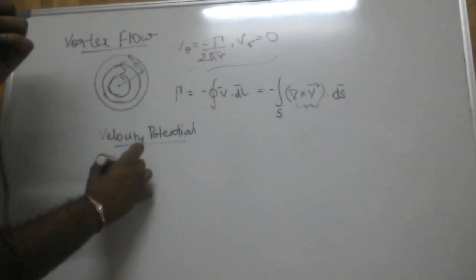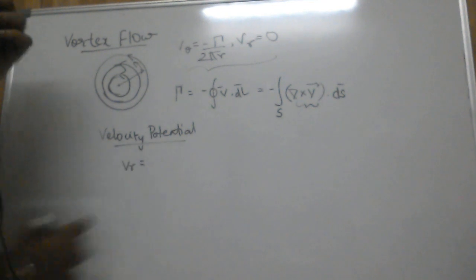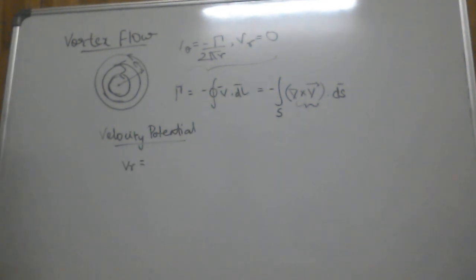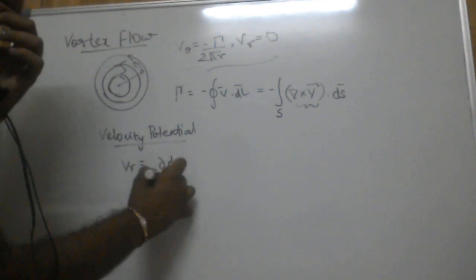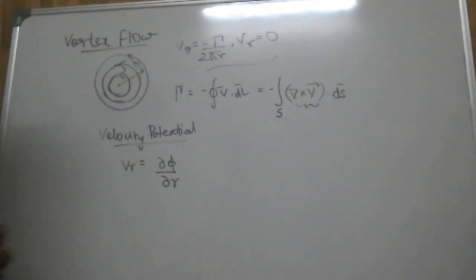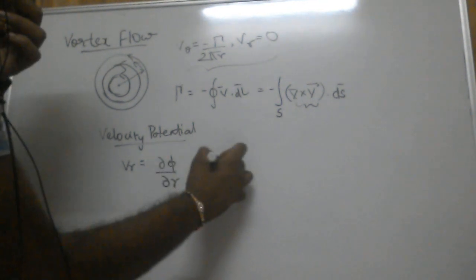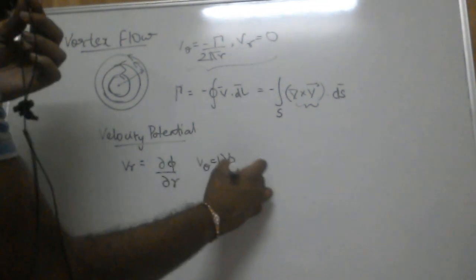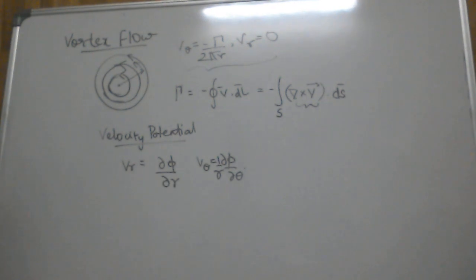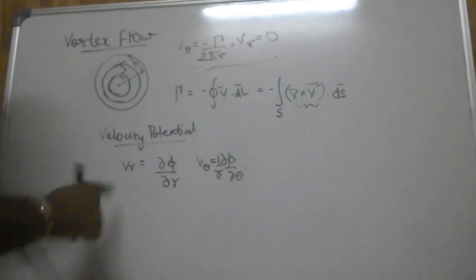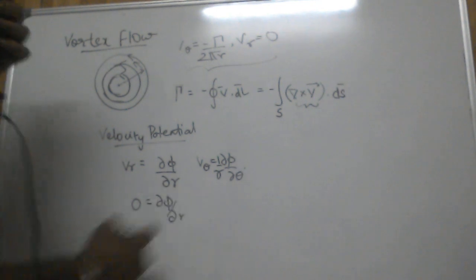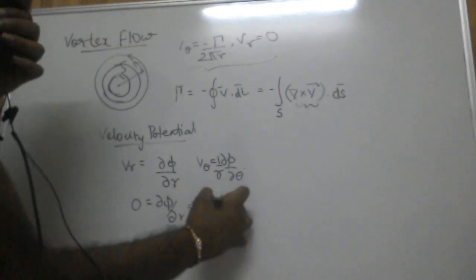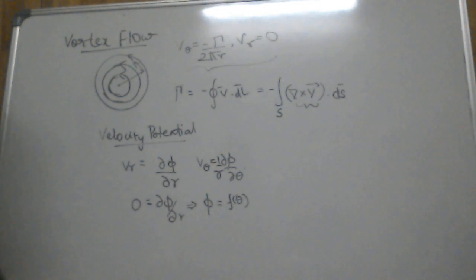The velocity potential phi is connected to the velocities as Vr is equal to dou phi by dou r, and V theta is 1 by r dou phi by dou theta, right? So let's look at one equation at a time. As we know, Vr is 0, so dou phi by dou r is 0, and hence phi has to be a function of theta.